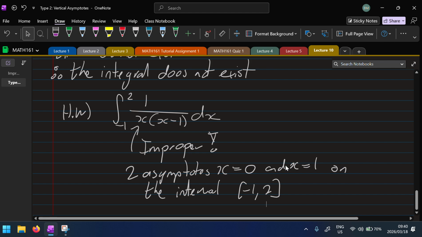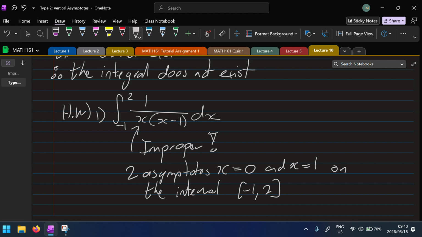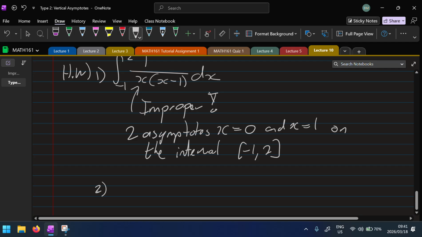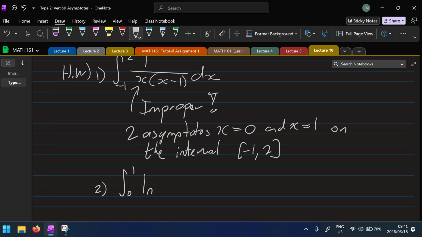So that was homework number 1, and then homework number 2. We have the integral from 0 to 1 of natural log of x dx. Here we also have an asymptote. Where is it? The asymptote for the natural log is at 0. Is 0 somewhere on the interval?